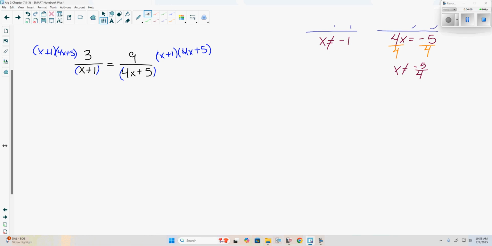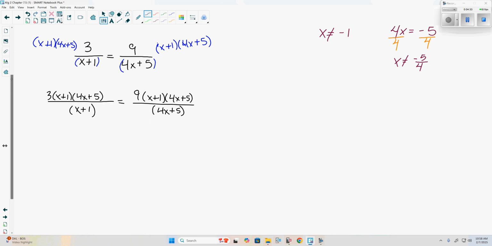Now, when we do this multiplication, on the left we're going to have 3 times x plus 1 times 4x plus 5 over x plus 1, is equal to 9 times x plus 1 times 4x plus 5 over 4x plus 5.